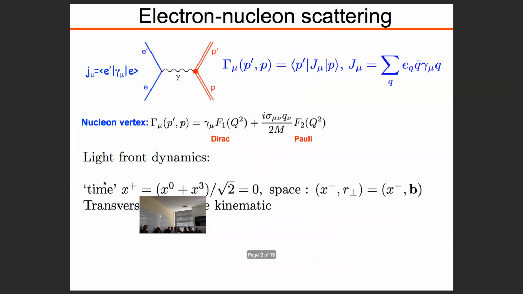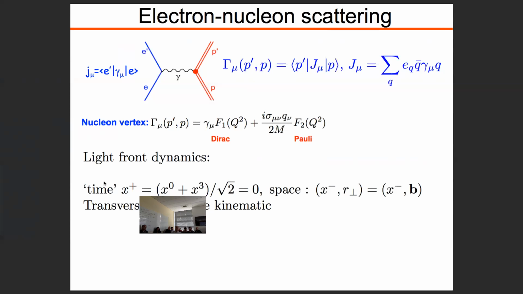So, going back to electron-nucleon scattering, this is just the elastic case. The dominant physics is one photon exchange. You have this quantity gamma, the vertex function, which is the matrix element in the proton of the electromagnetic current operator, which in quark language is just a simple thing.